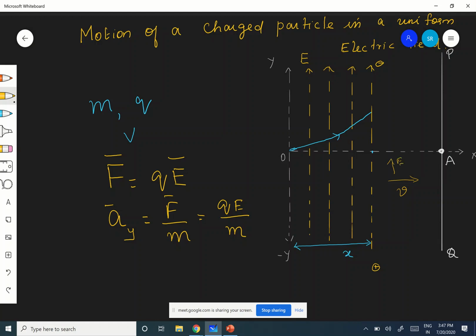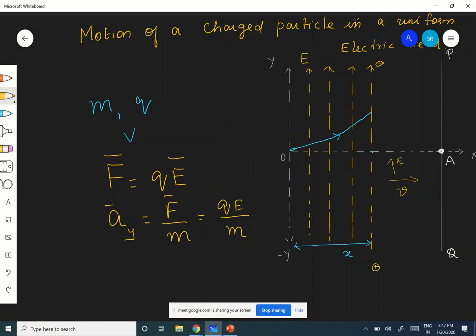Therefore it experiences a force in the y direction, which will not change its velocity in the x direction. So the particle's horizontal velocity will be the same, that is v only.